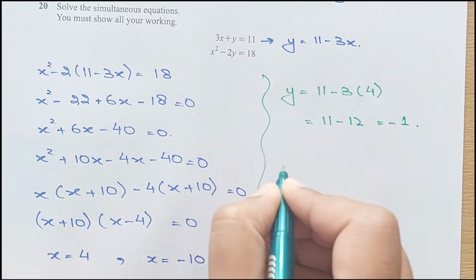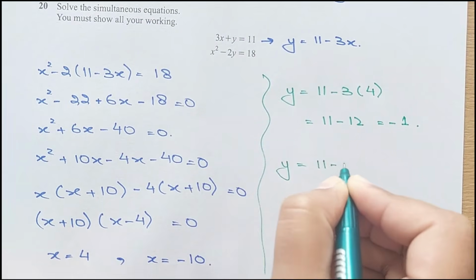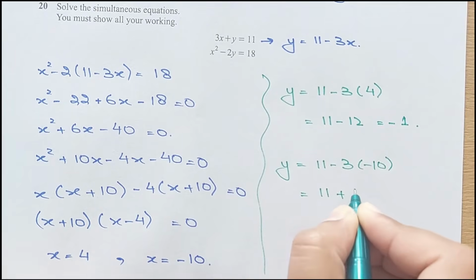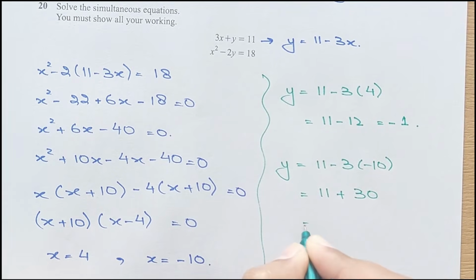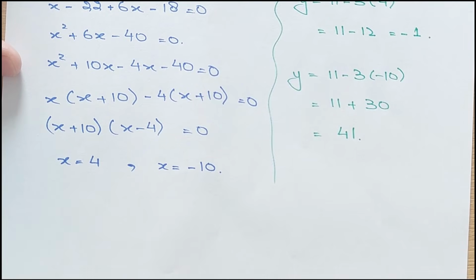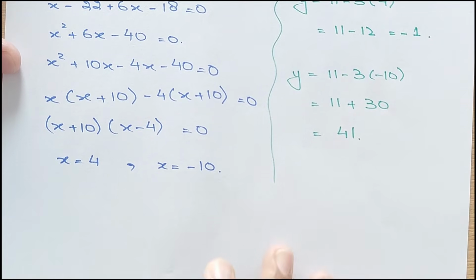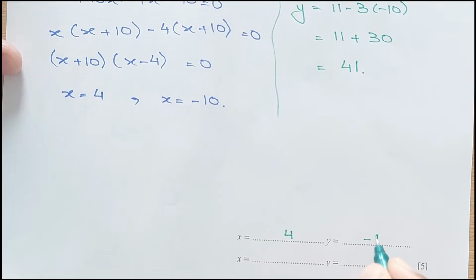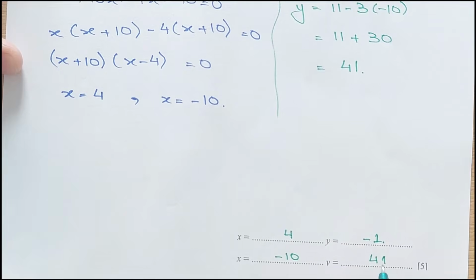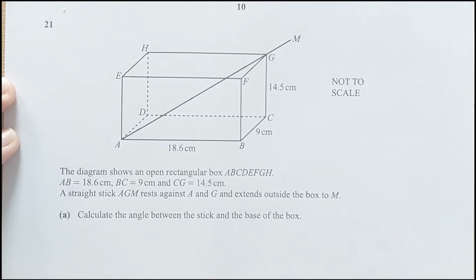And when x is minus 10, y equals 11 minus 3 times minus 10, that is 11 plus 30, which equals 41. So when x is 4, y is minus 1. When x is minus 10, y is 41. So these are the two values for x and y.